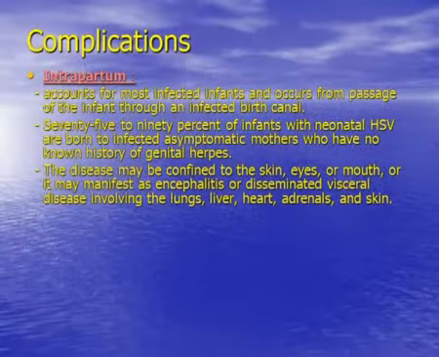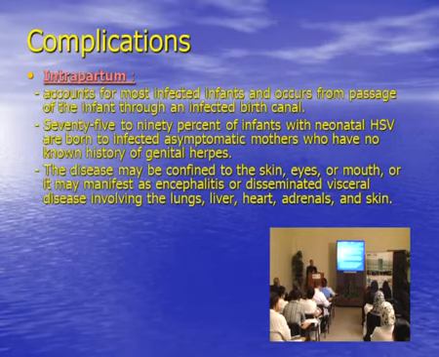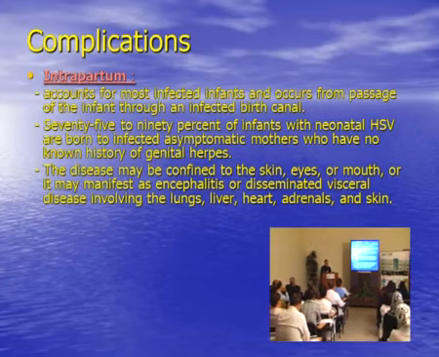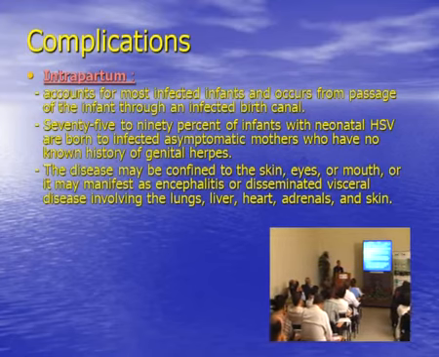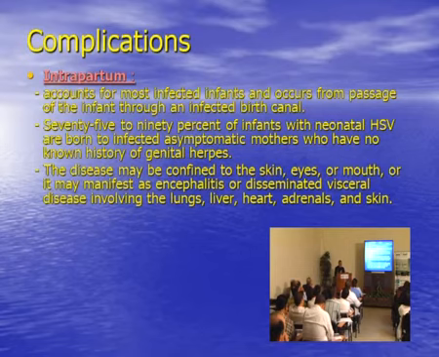Intrapartum, which accounts for most infected infants, occurs from passage of the infant through the infected birth canal. 75 to 90% of infants with neonatal herpes simplex virus are born to infected asymptomatic mothers who have no known history of genital herpes.